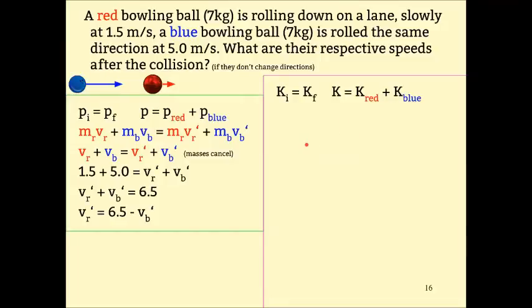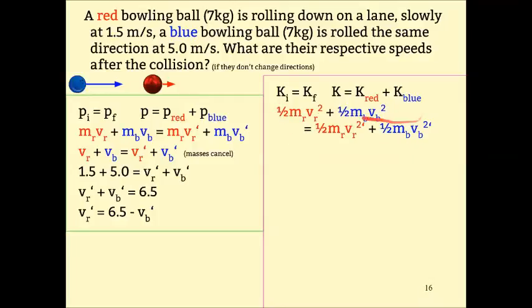I then put in formulas for that, and this becomes long because the initial is 1/2 mass of the red, velocity of the red squared, plus mass of the blue, velocity of the blue squared, and the final is 1/2 mass of the red, velocity prime squared, and 1/2 mass of the blue, velocity prime of the blue squared. It's harder to say than it is to do.